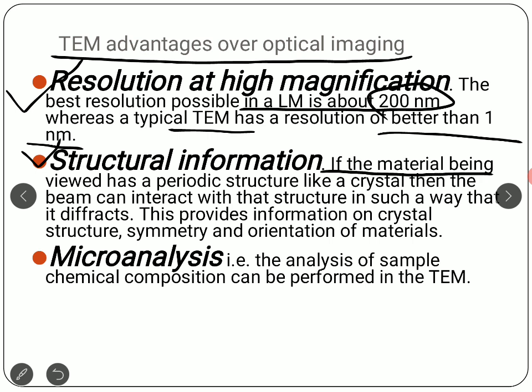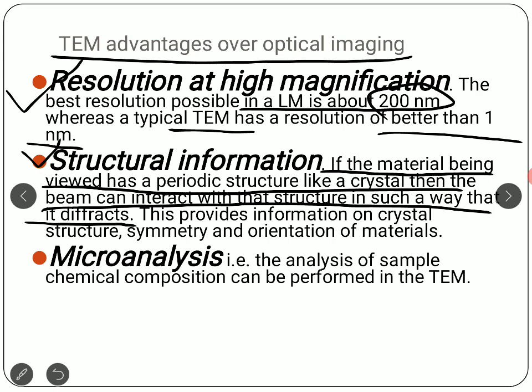If the material is viewed as a periodic structure like a crystal, then the beam can interact with that structure in such a way that it diffracts. Basically, if it has a periodic structure, the diffraction peaks will show some kind of pattern, and then you know it's a crystalline material where the atoms are placed at particular lattice points and so on, okay.